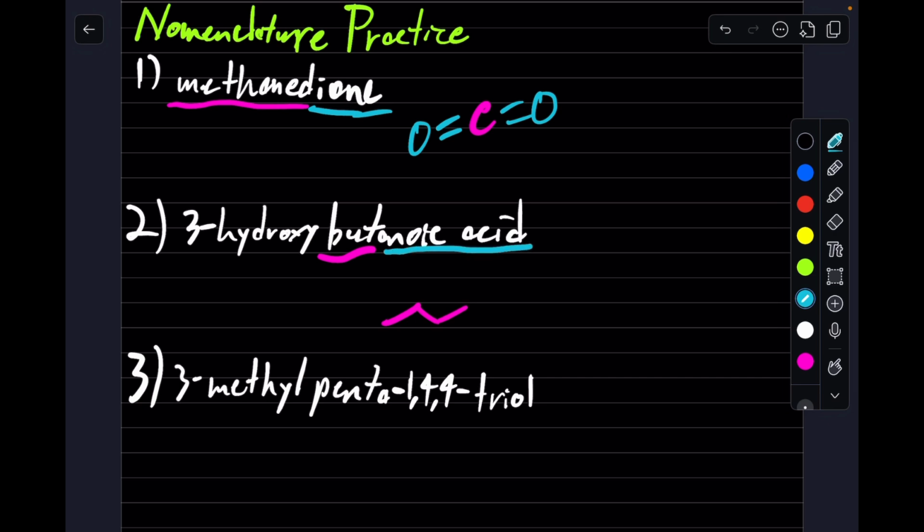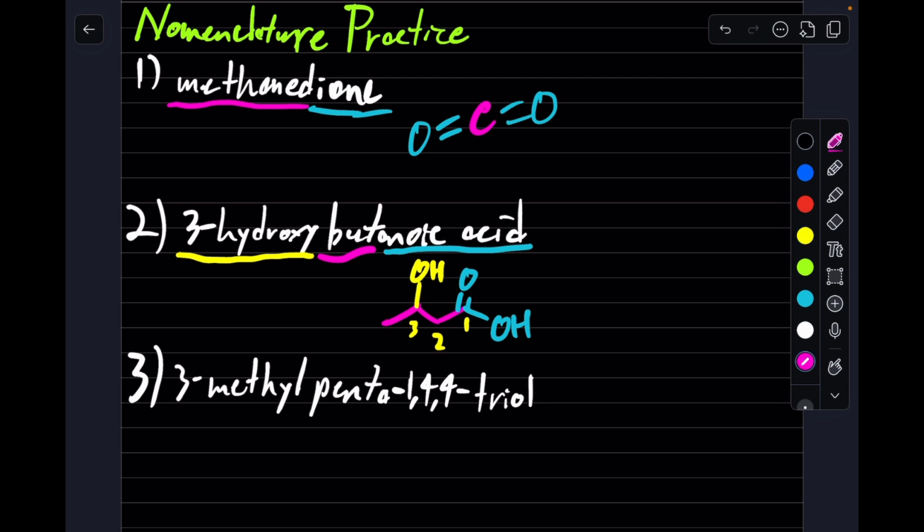Oxalic acid means that there is going to be a carboxyl group, so OH and a double bonded O. And 3-hydroxy means there's going to be an OH on carbon number 3. And that's what it will look like.